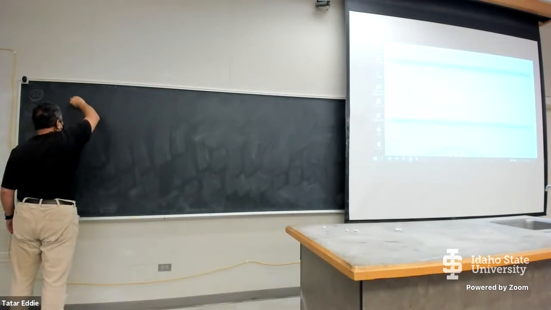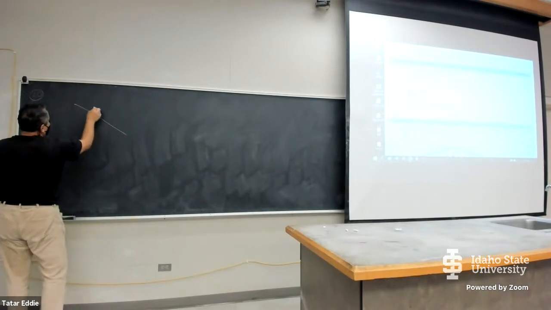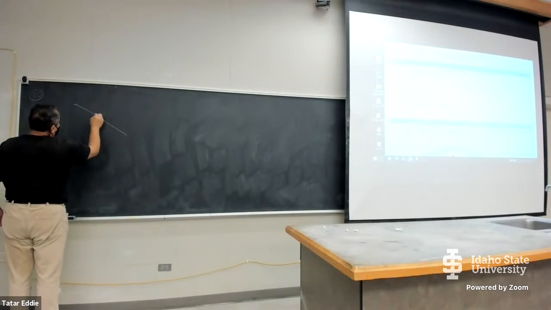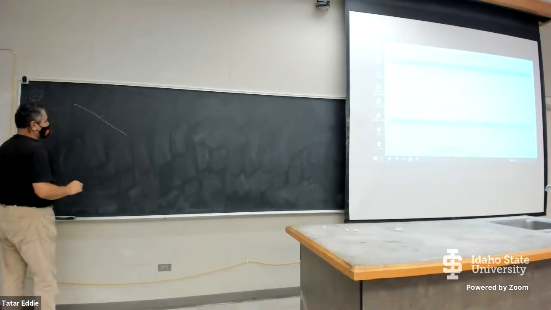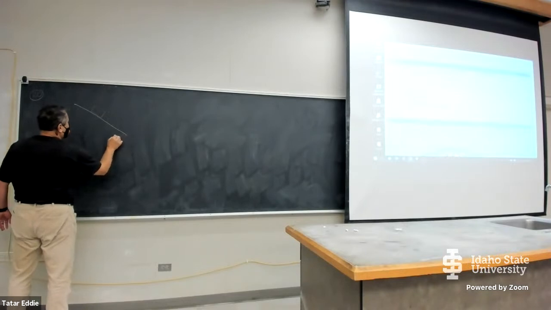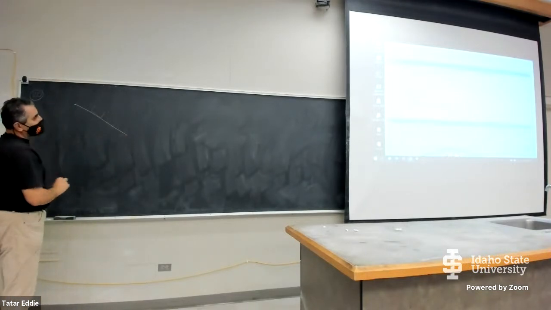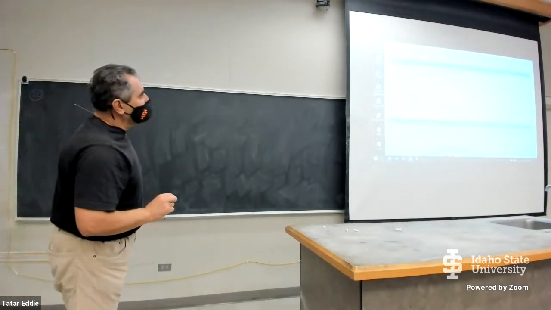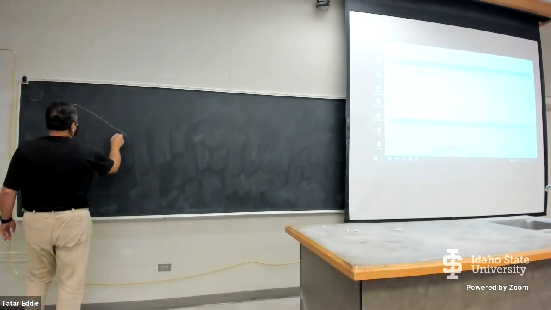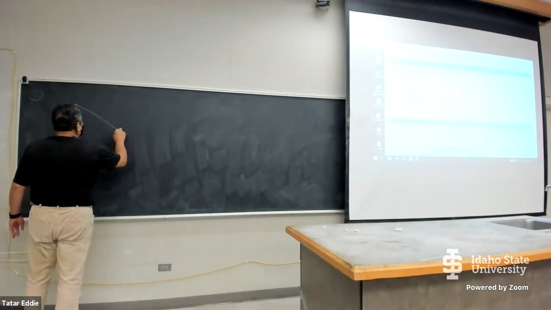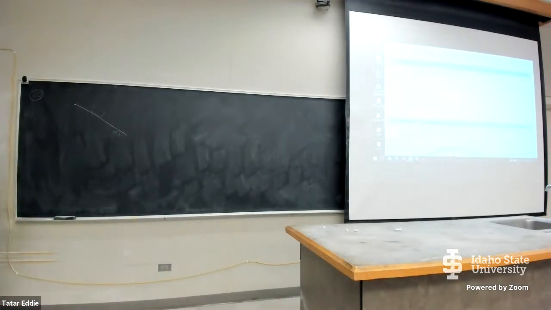Here is the incline. Here is the car, and that car is at rest. So you have an incline at an angle of 15 degrees above the horizontal, like this, right?